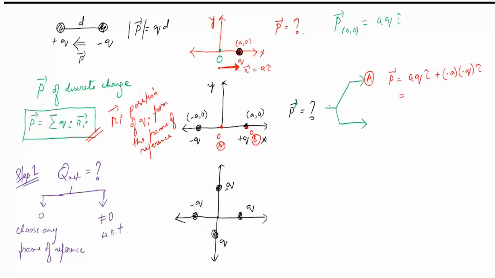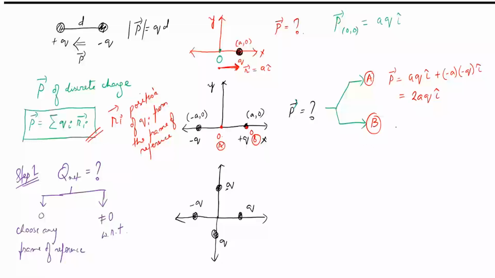Okay, now let us come back to A. What is the answer here? 2AQ I cap. We are calculating the dipole moment with respect to the origin. Now, in the second case, let us take this position as the frame of reference and see whether it gives the same dipole moment.